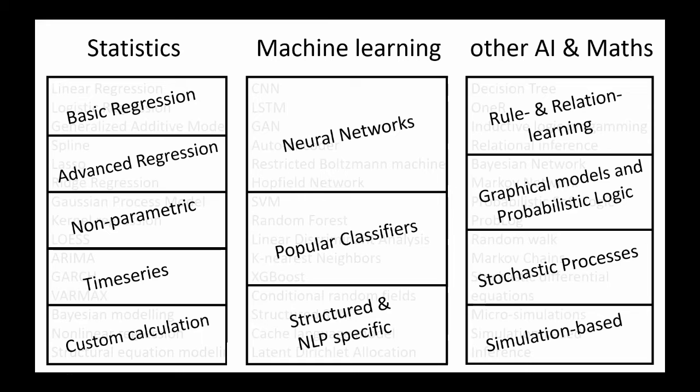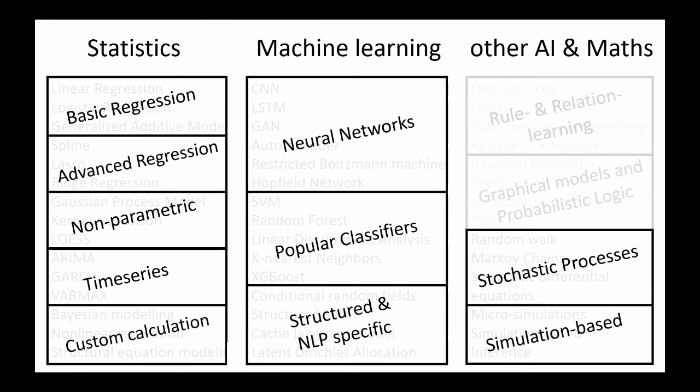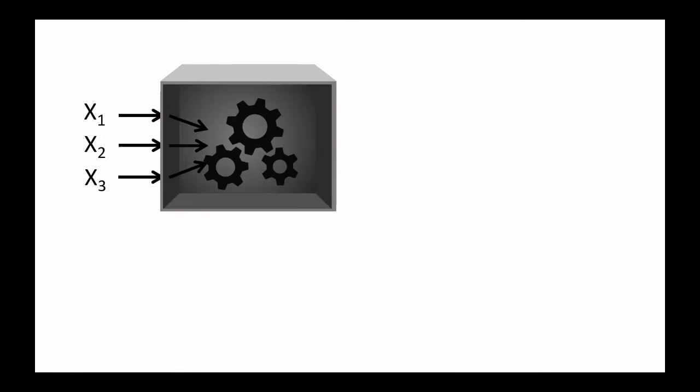Now, most of these models, with the exception of the relational learning, graphical and logical models, can be represented like this. The model here takes some variables as input and performs some calculations with these variables to come up with a prediction for another variable. Obviously, we want the predicted value to be as close as possible to the true value.